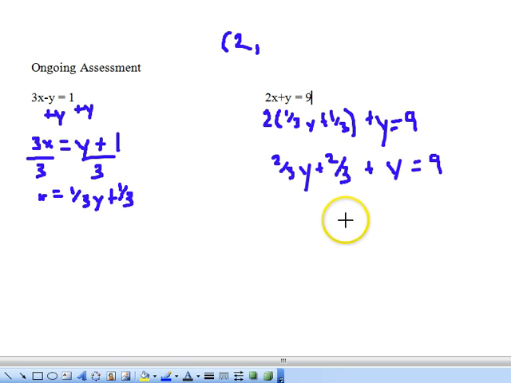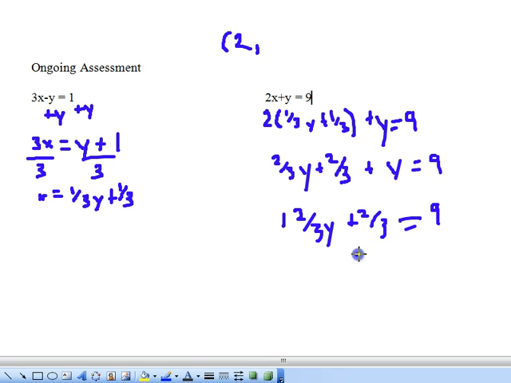Okay, and then we're going to add our y's together, so we get 1 2/3 y, because remember this y has an understood 1 with it, so we have to add that to the 2/3, so we get 1 2/3 y plus 2/3 equals 9.